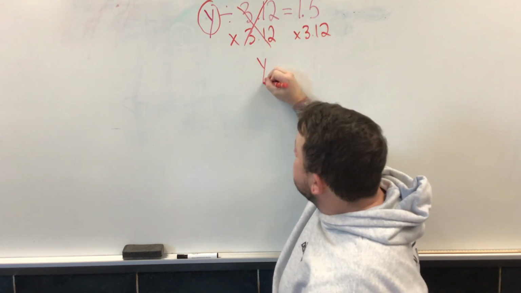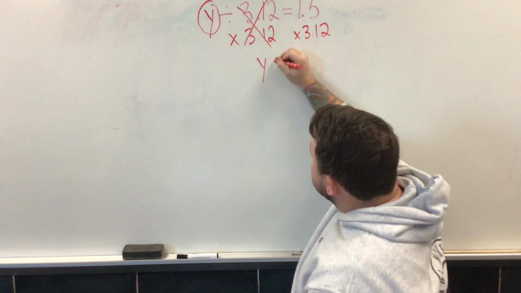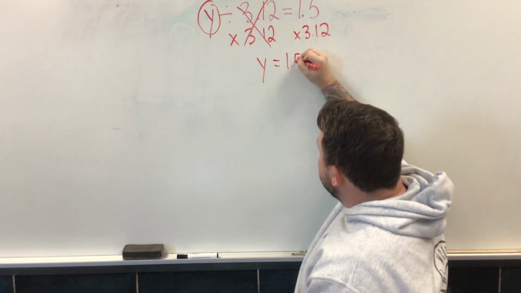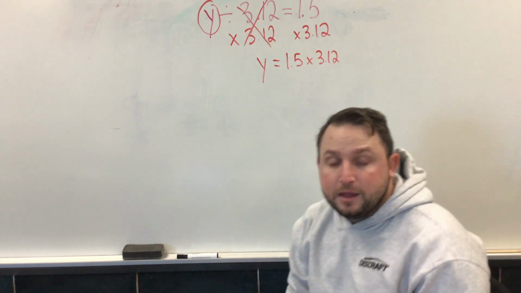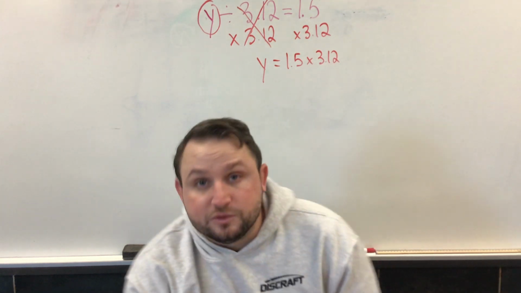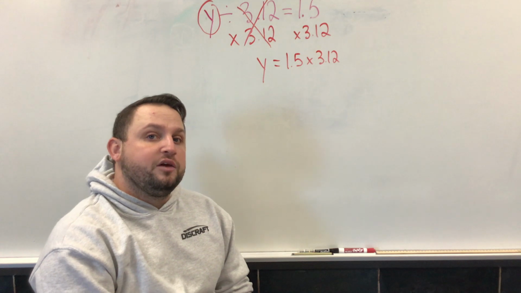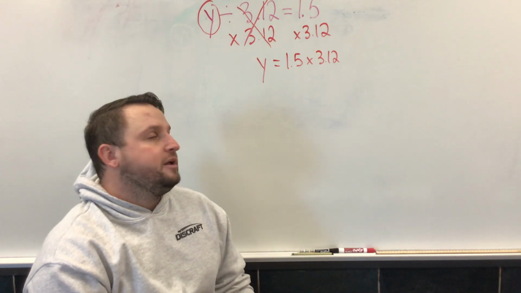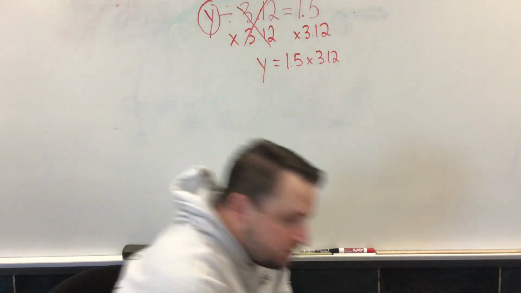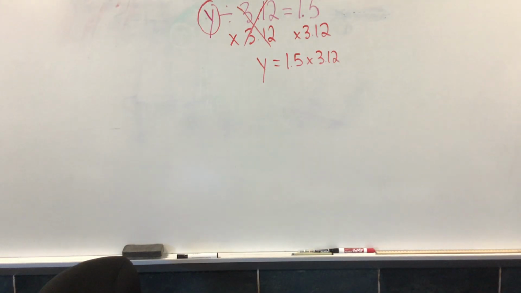We're left with y. And I'm going to rewrite this problem as y equals 1.5 times 3.12. Okay? We are now multiplying by decimals, ladies and gentlemen, and I really feel like we're more comfortable multiplying by decimals than we are dividing by decimals. Okay? Just going to check one thing really quickly. Make sure that I have this.